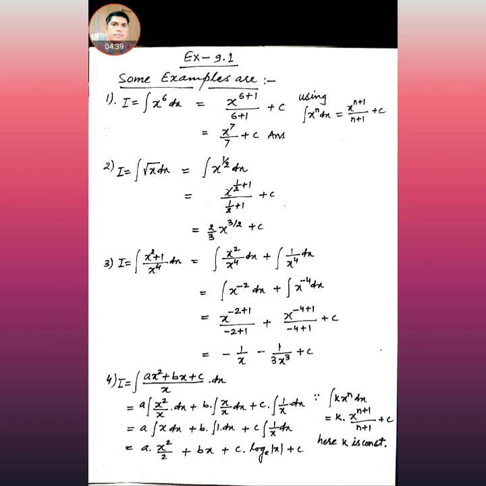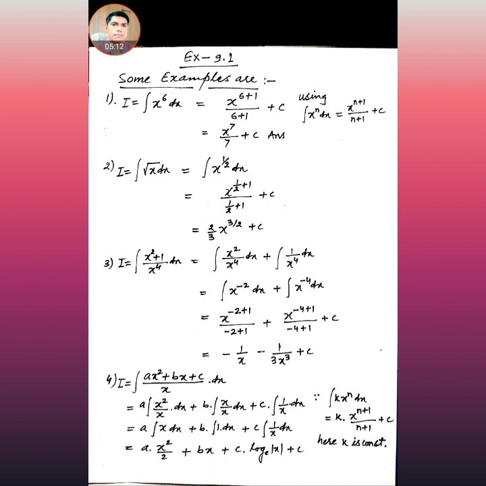Integration of x raised to power minus 2 is equal to x raised to power minus 2 plus 1 upon minus 2 plus 1, and integration of x raised to power minus 4 is equal to x raised to power minus 4 plus 1 upon minus 4 plus 1 plus C. So our final answer is minus 1 upon x minus 1 upon 3x cube plus C.